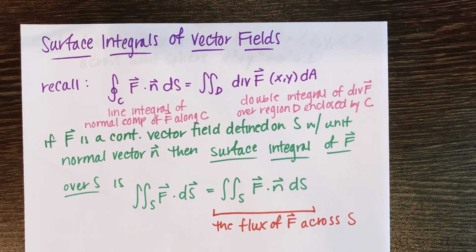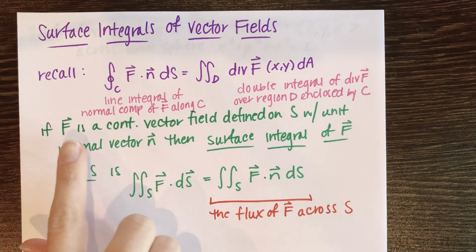The line integral of the normal component of f along C is equivalent to the double integral of the divergence of f over the region D enclosed by C. We're going to use that to incorporate some information with our surface integral and see how that relates.